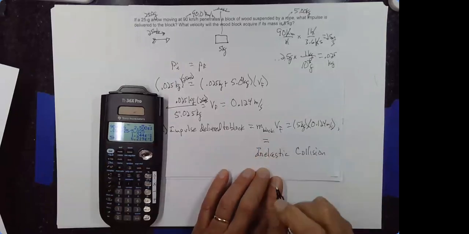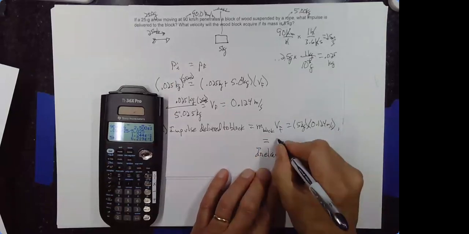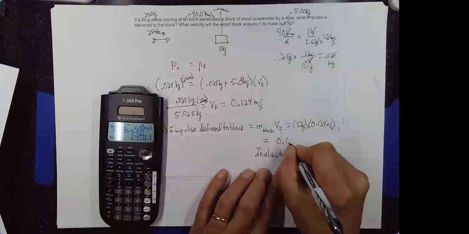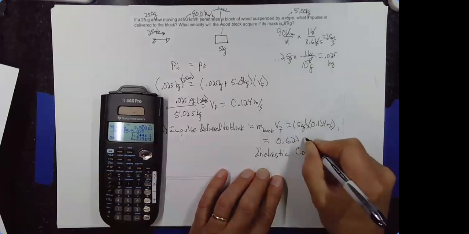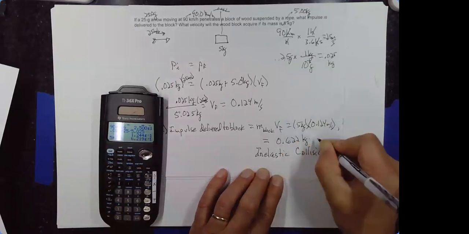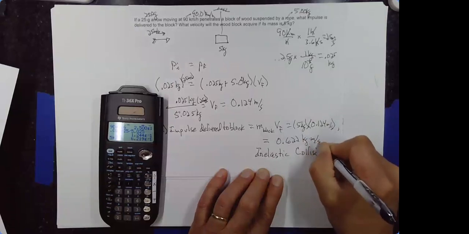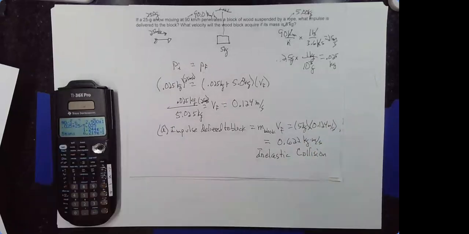And impulse equals change in momentum. I get 0.622 kilogram meters per second. So that's the impulse delivered to the block.